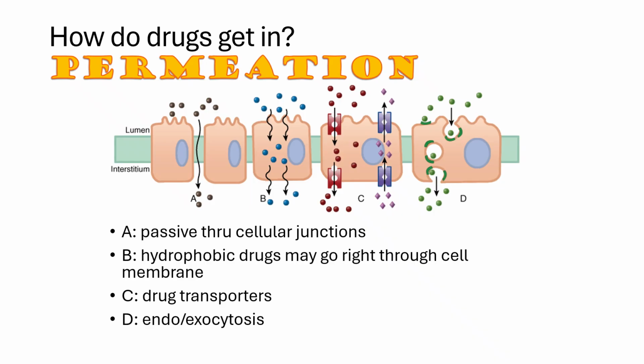So how do drugs actually get in? In the picture here, we're looking at the lining of the stomach. There are actually several possibilities. For instance, some small substances can move straight through the cellular junctions. Hydrophobic drugs may pass right through the phospholipid membrane. Some drugs are going to rely on transport proteins, while others are going to enter through processes such as endocytosis, where the body actually forms a cell membrane around the drug and moves it in.